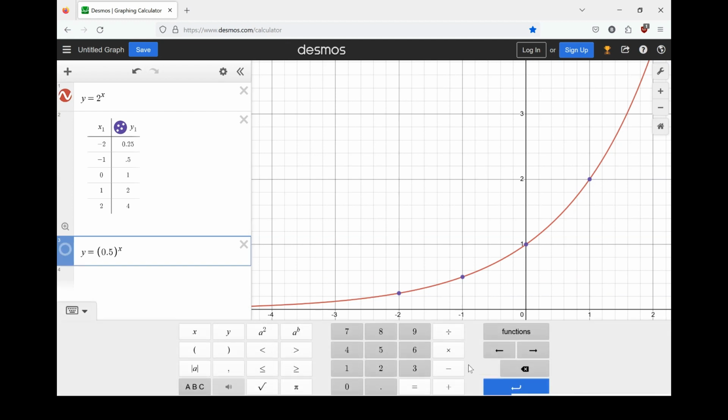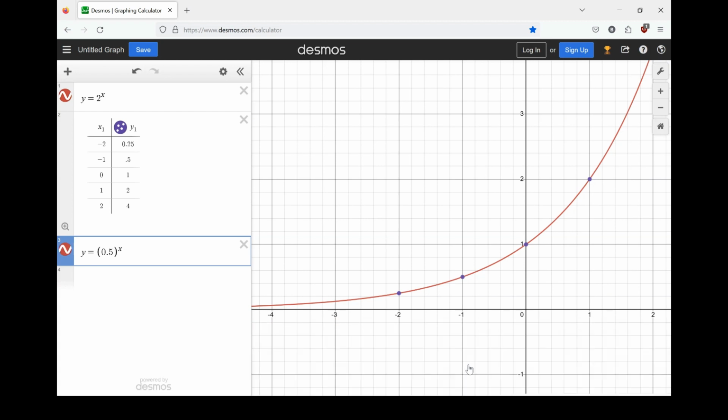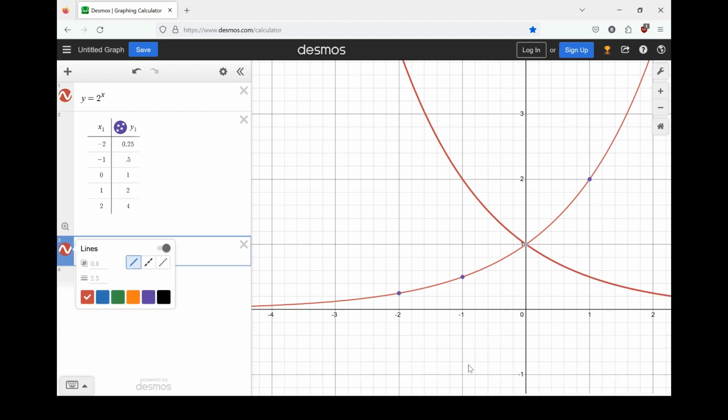The power is always x. So you use a table of values. You can use the same x values, find corresponding y values, plot the points on the graph, and connect the points. By doing this, you will find your function.